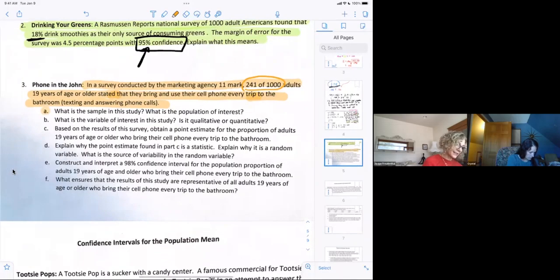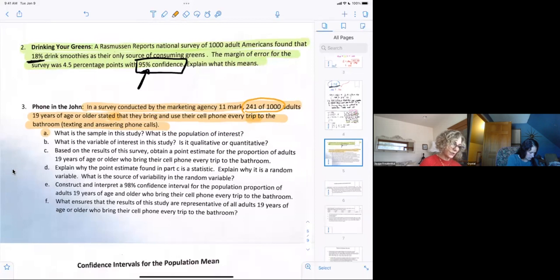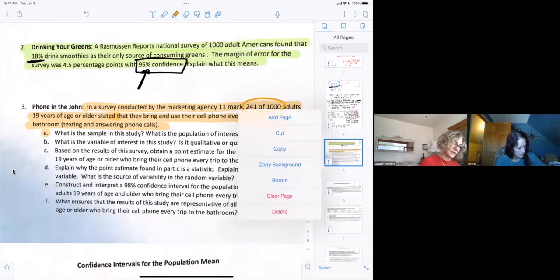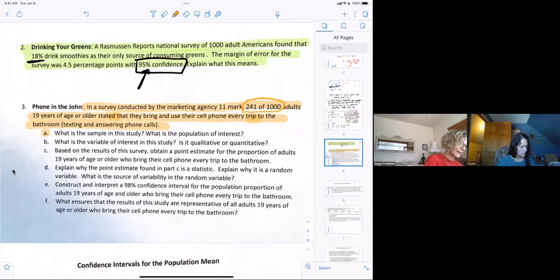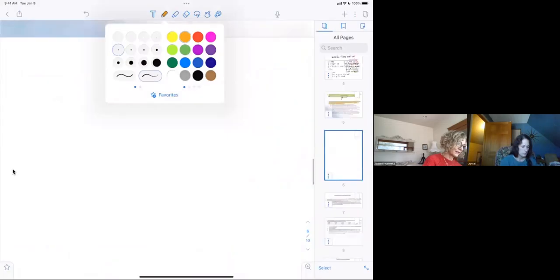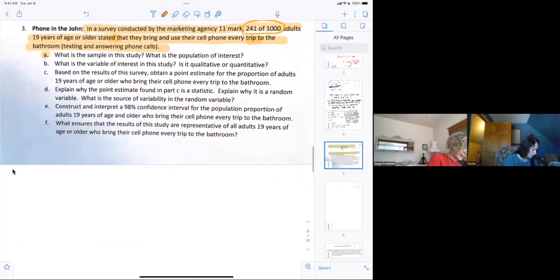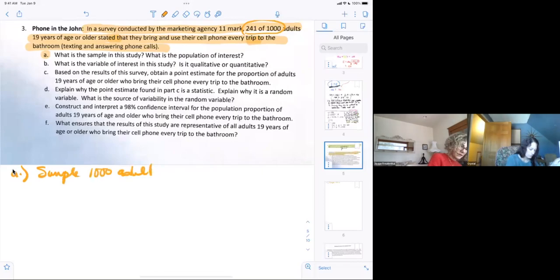Part A, what is the sample in this study? What is the population of interest? So the sample is 1,000 adults 19 years or older.